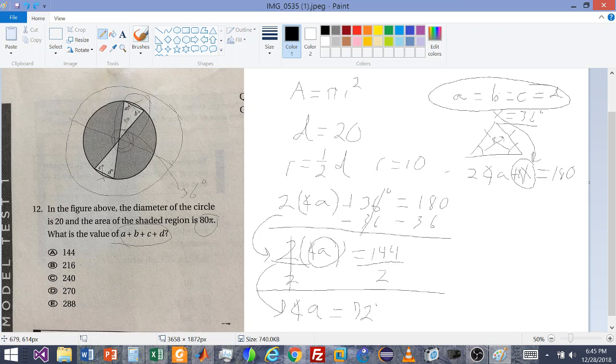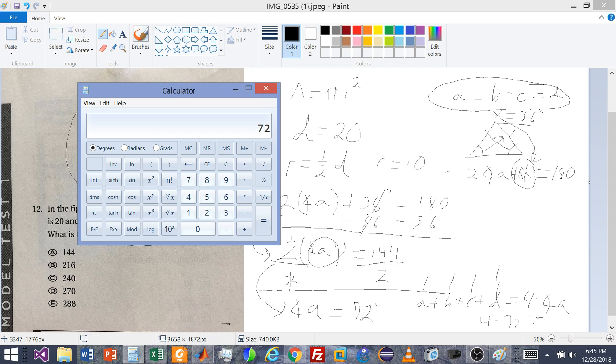So we said A equals B equals C equals D. That makes our life easy, because now that we solved for A, we know B, C, and D. So you can just add 72 to itself 4 times, or say A plus B plus C plus D is 4 times any one of those angles. I'll say A in this case. So 4 times 72 degrees equals 288.